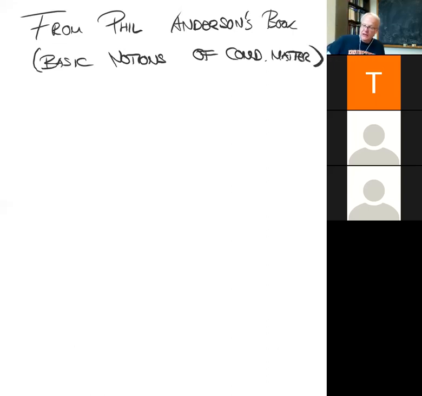Okay. Phil Anderson, by the way, did win a Nobel Prize. He won it for the explanation of something called Anderson localization, which is a kind of metal insulator transition. The simplest kind of metal insulator transition is described by band theory: in the metal, the electrons can live in certain bands.